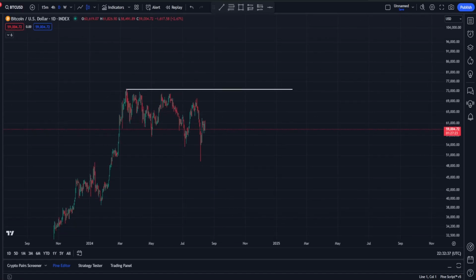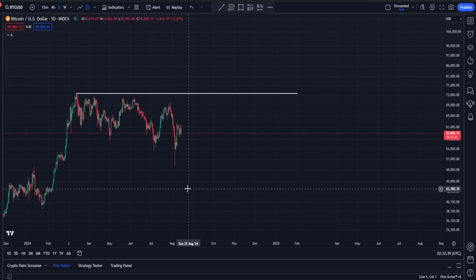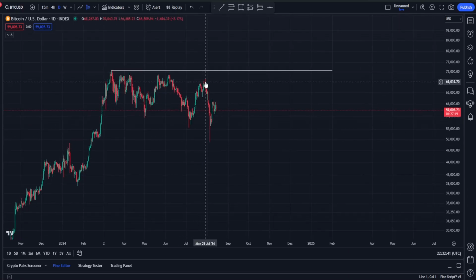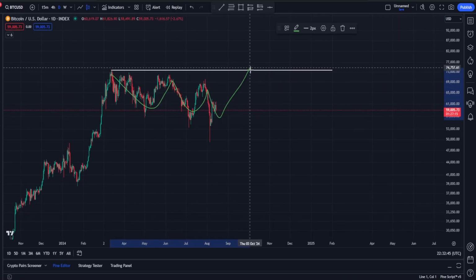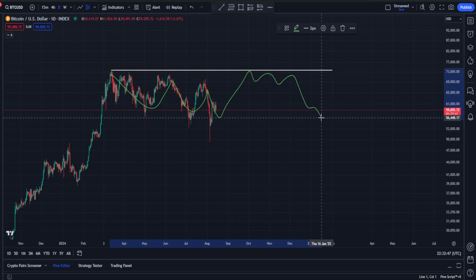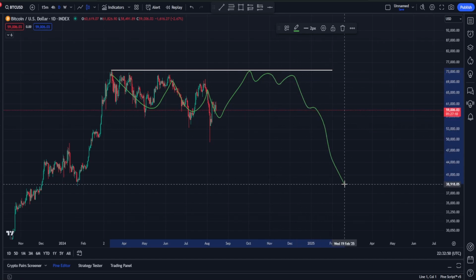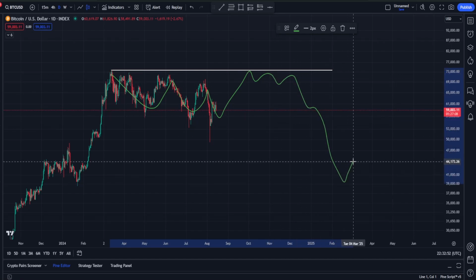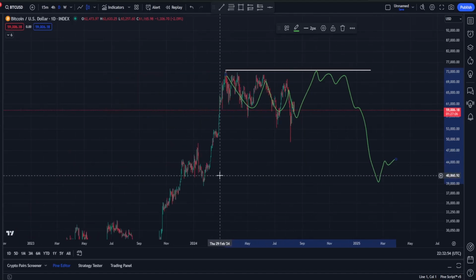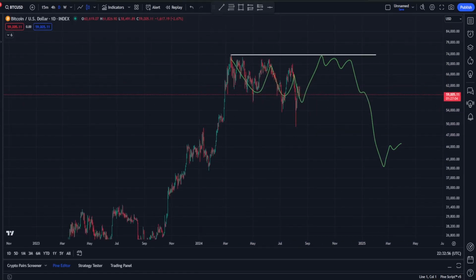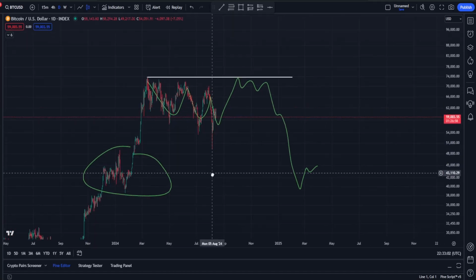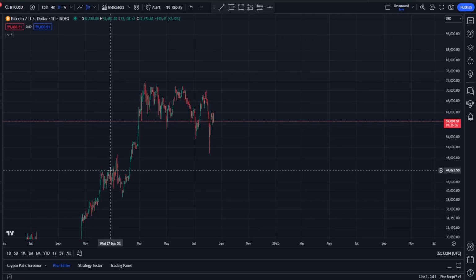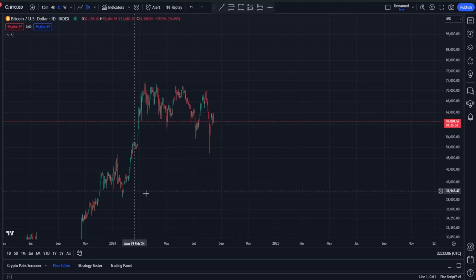But yeah, if we do keep failing this and then come back down here, we'll most likely go to 40K-ish, somewhere down here. Let me get my brush back. Somewhere down here, we'll find new support and resistance. But yeah, that's basically all I got right now.